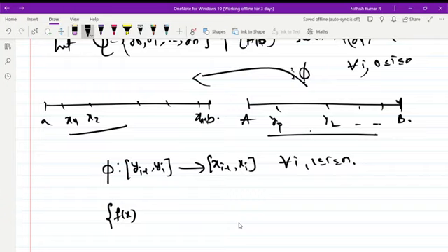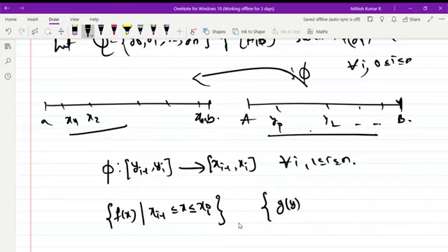So consider the set of f of x, x(i-1) less than or equal to x less than or equal to xi, and consider the set of all g of y such that y(i-1) is less than or equal to y less than or equal to yi, for each i between 1 and n.